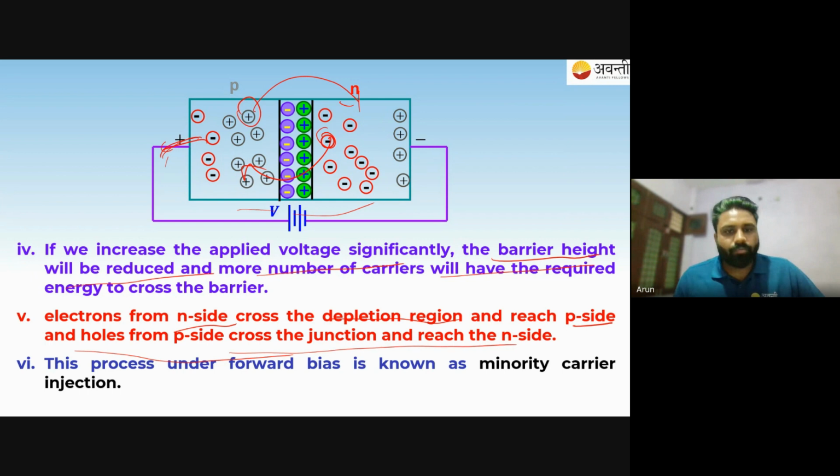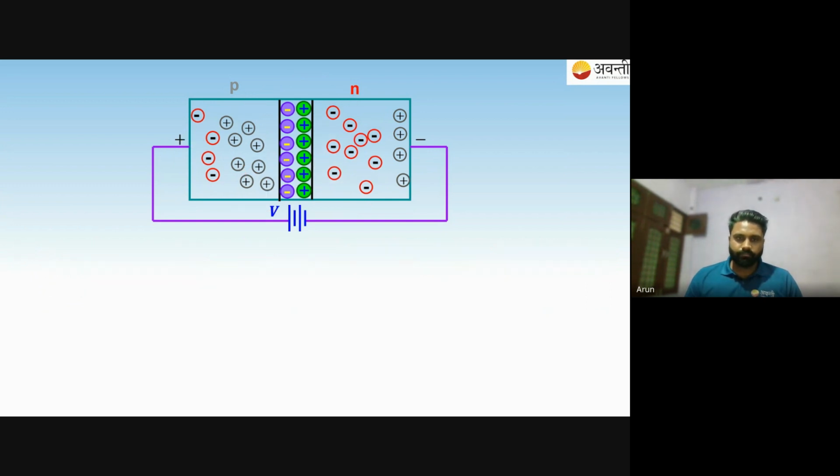So this process under forward bias is known as minority carrier injection. Got it? I hope you got this. Look at this electron which is moving from here to here, because we have provided a sufficient amount of potential to make this electron jump through this barrier potential.